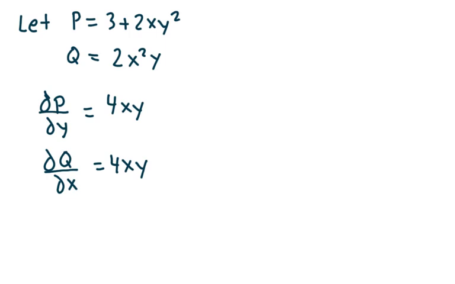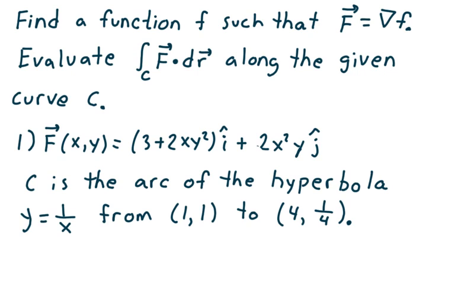So what we're going to do is let P equal 3 plus 2xy squared, and let Q equal 2x squared y. So we're setting P equal to the first component of the vector field, and Q equal to the second component of the vector field.